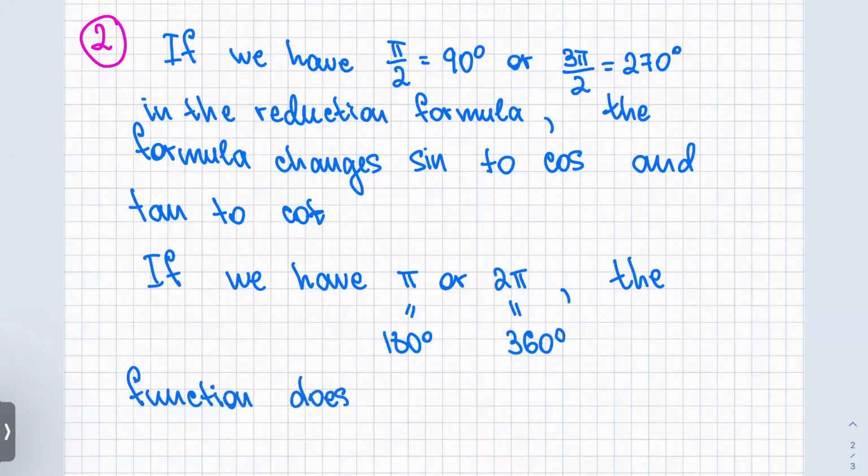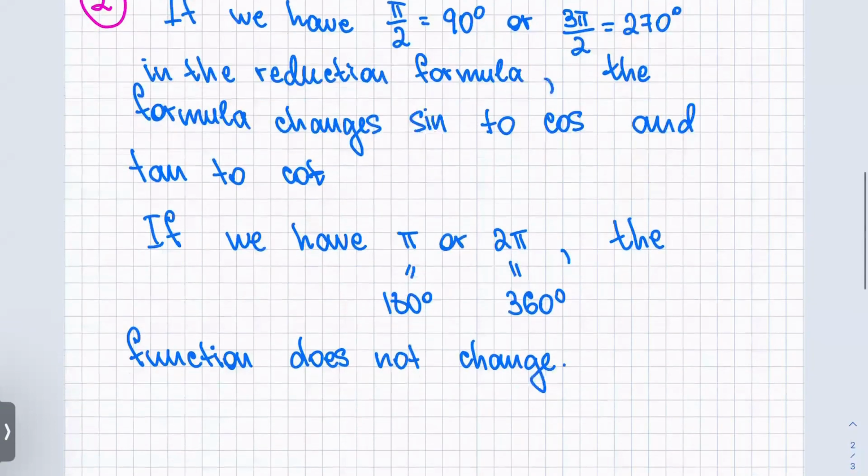It means that if you have sine in your formula, it will still stay as a sine, or if you have a cosine, it will still stay as a cosine, or if you have tangent, it will be a tangent, or if you have cotangent, it will be a cotangent. So that will not change.